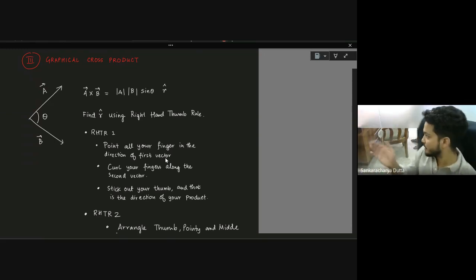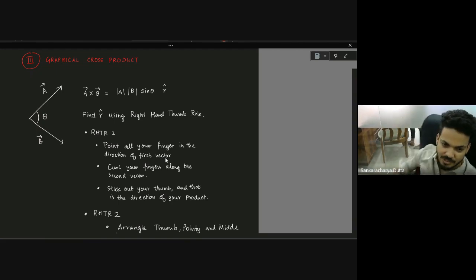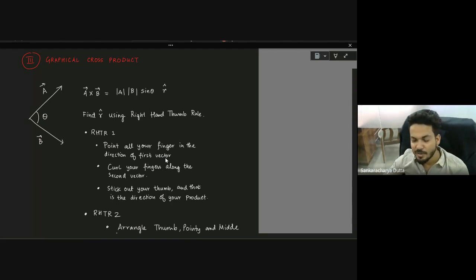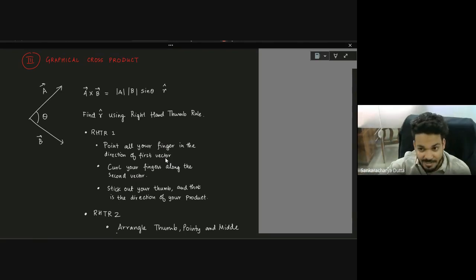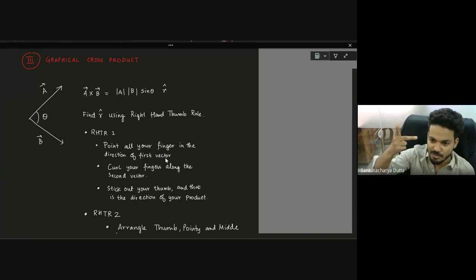Okay, no, sorry, it's going to be backwards. All of that will be discussed when we talk about actual torques, and we'll be revising cross product one more time. But one thing you should take away from this are the two right hand thumb rules. For any two given vectors, A vector and B vector, you should know how to find the A cross B direction, both ways, using this and using the curl method.